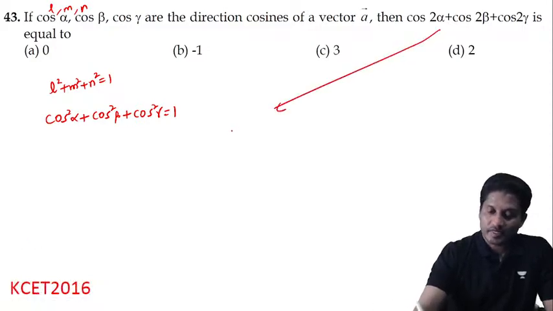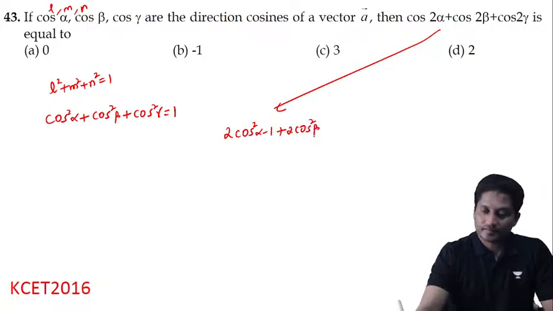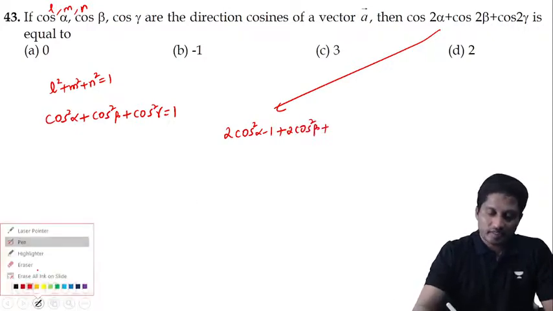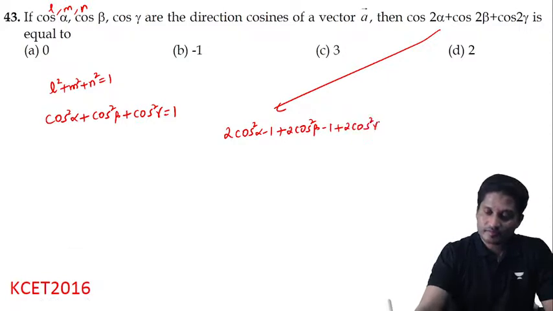Cos 2 alpha can be written as 2 cos square alpha minus 1, so use the double angle formula. Cos 2 beta can be written as 2 cos square beta minus 1. Cos 2 gamma can be written as 2 cos square gamma minus 1. I'm going to take 2 common.